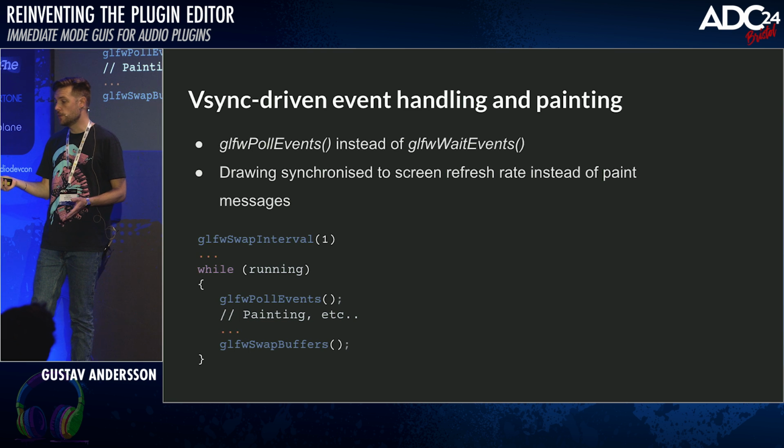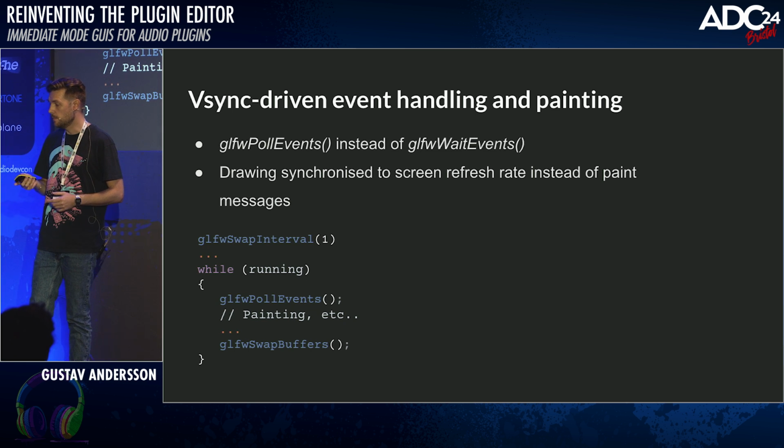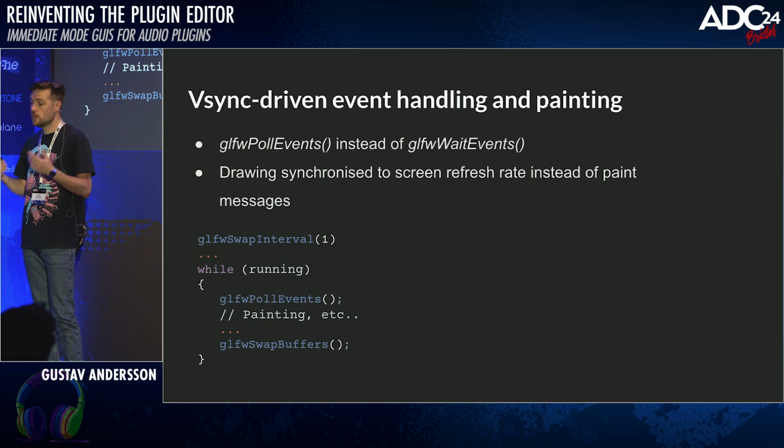But swap buffers will swap the buffers and wait for the next vertical sync. So now instead of being event-driven, you're actually being driven by the screen refresh rate. So now you can draw in sync with your window frame rate, and this is sort of what games do, but typically not what desktop applications do.